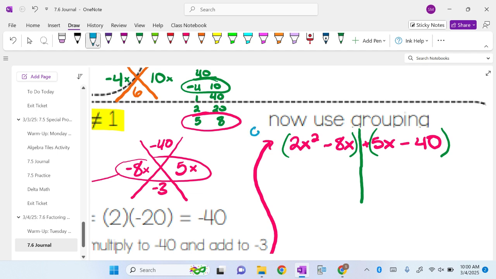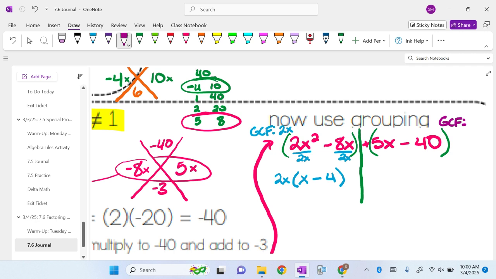So what would the GCF be of your first group? 2x. All right. So we're dividing by 2x. I get 2x times x minus 4. What would the GCF be of your second group?